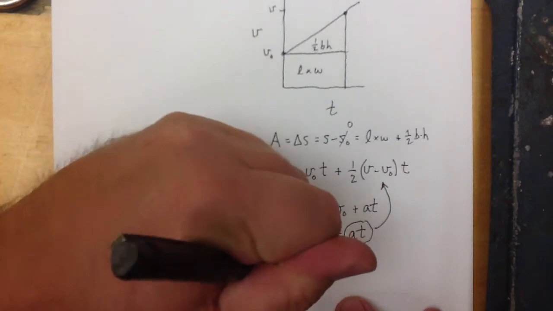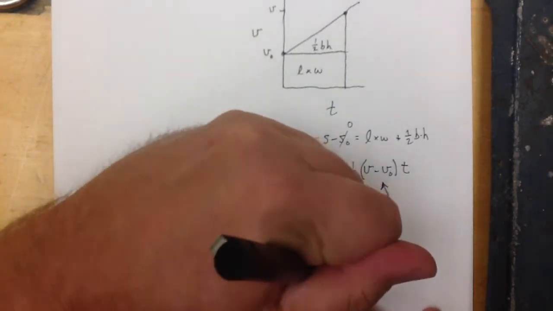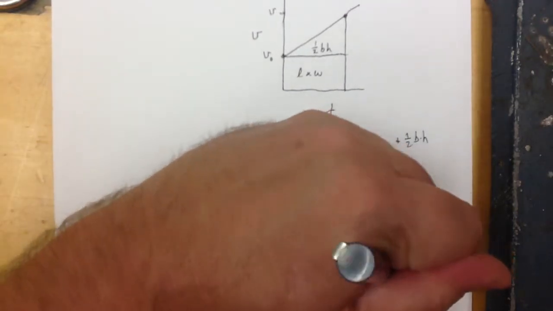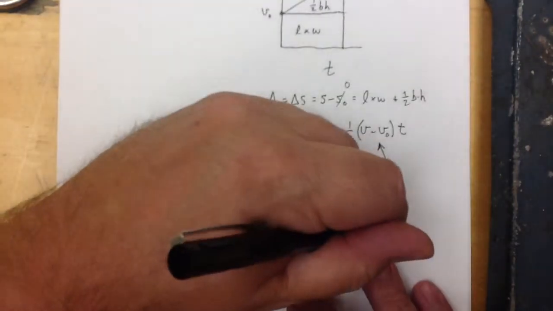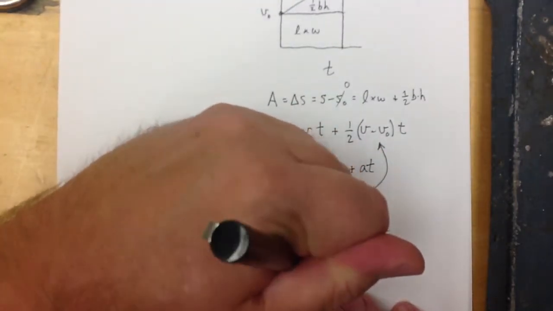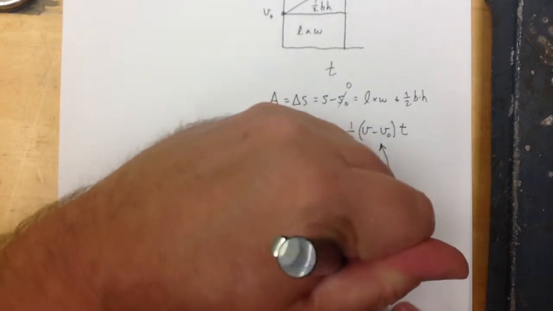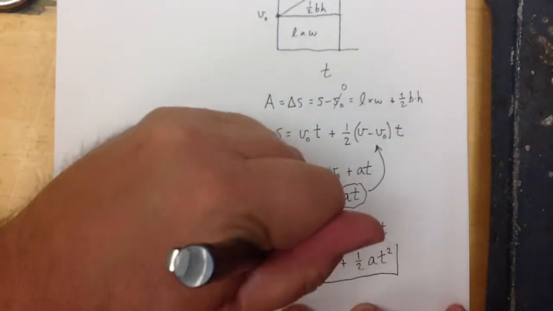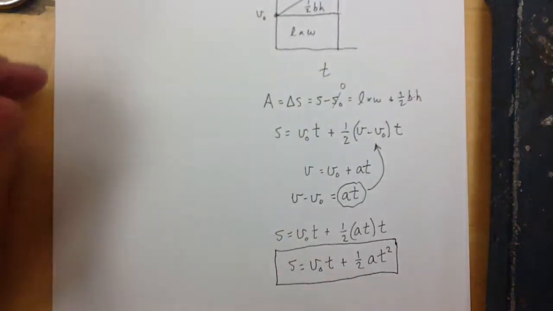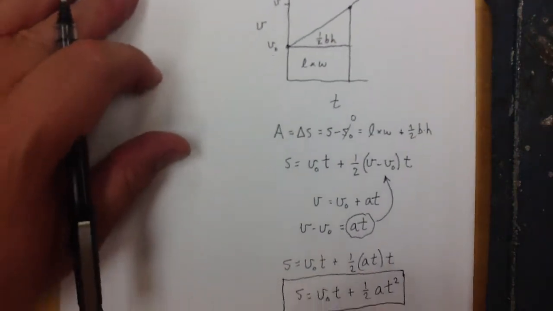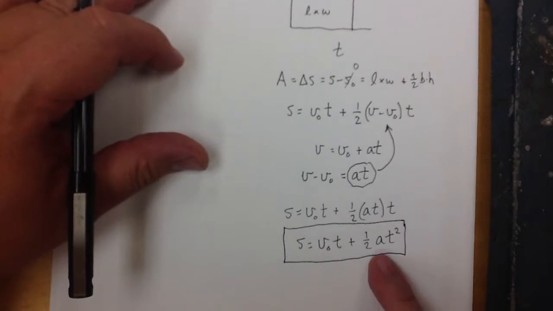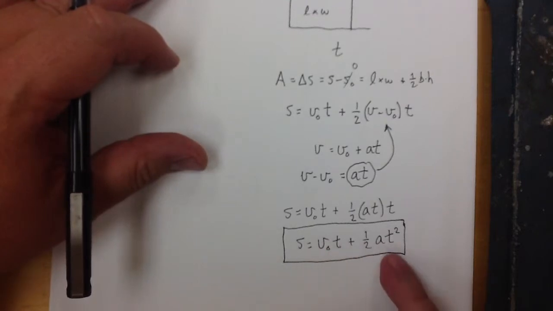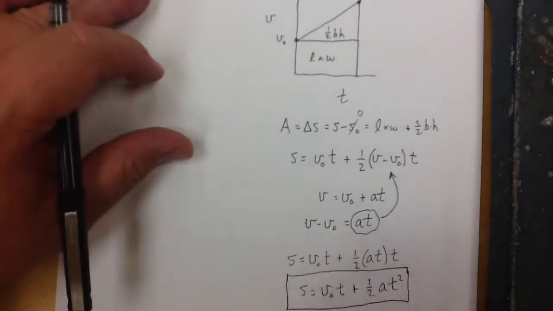So now S equals V0T plus 1/2 AT times T, and once again we can combine the T's and we get an equation that says S equals V0T plus 1/2 AT squared. And that's our position function for an object that travels with constant acceleration and is already moving at the beginning of the problem. And once again, this is a parabola based on the fact that t is squared.